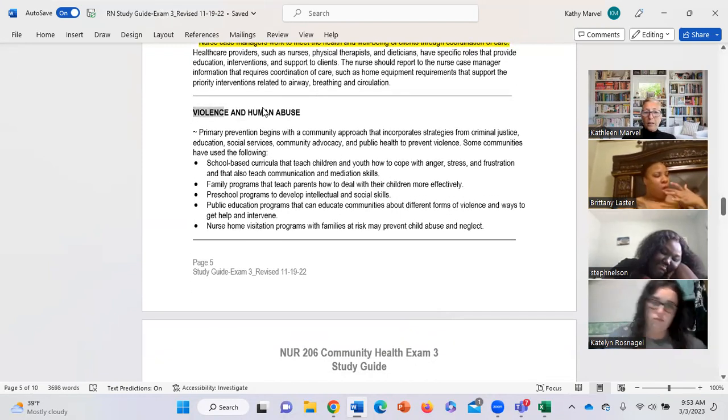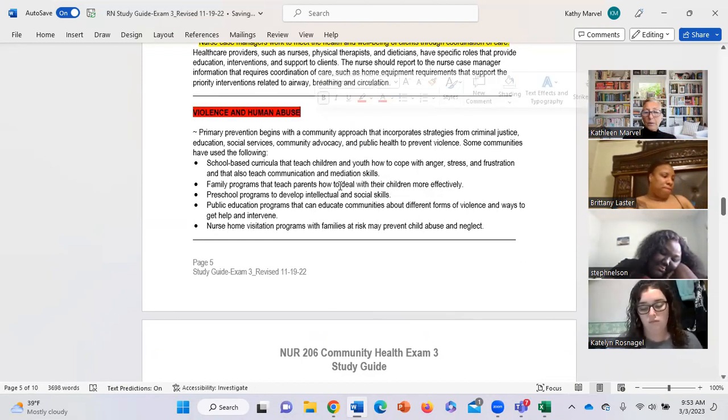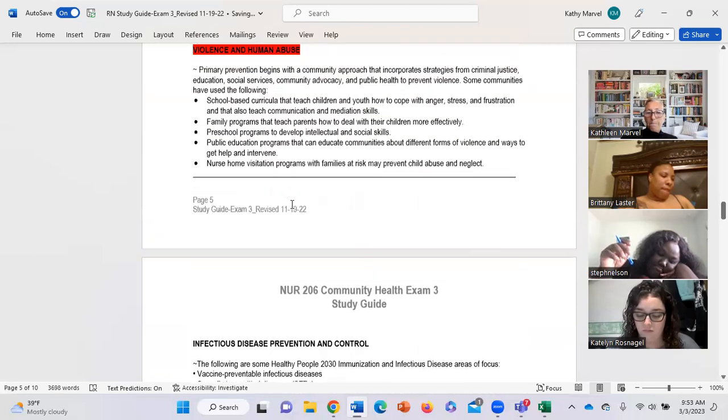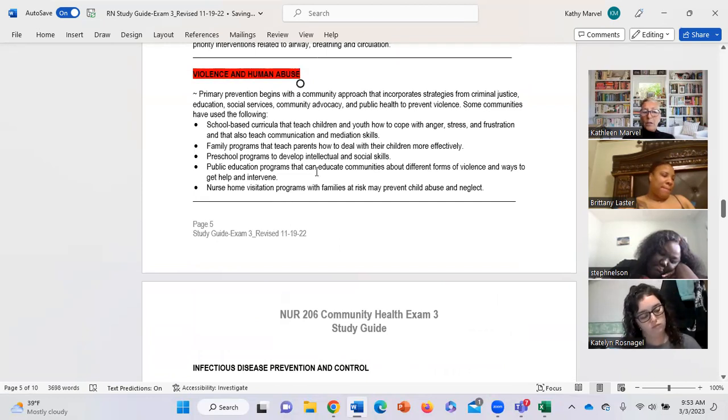Okay, the next section is violence and human abuse. Again, go through these sections, look at these bullets. What's in the violence and human abuse section is some ideas that communities have used with families to try and decrease or prevent the violence.